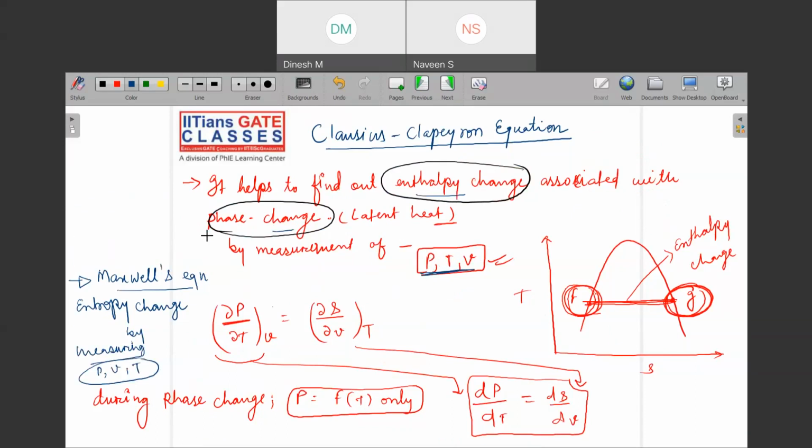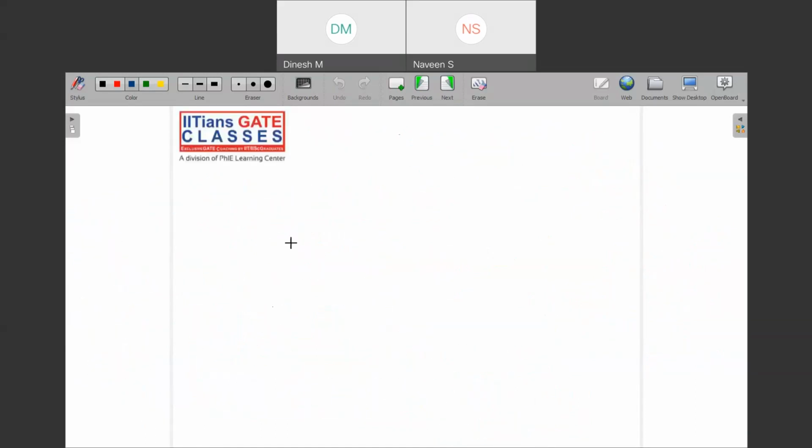Now let us understand a few things about ideal gases. Okay, this is very important to know, the properties of ideal gases, and more specifically mixtures of ideal gases. Very important. Many times we have seen questions on this area.